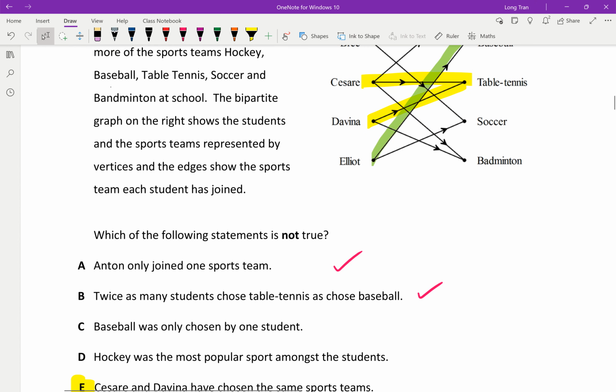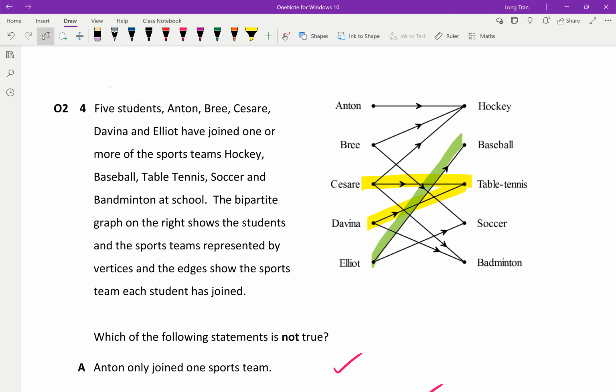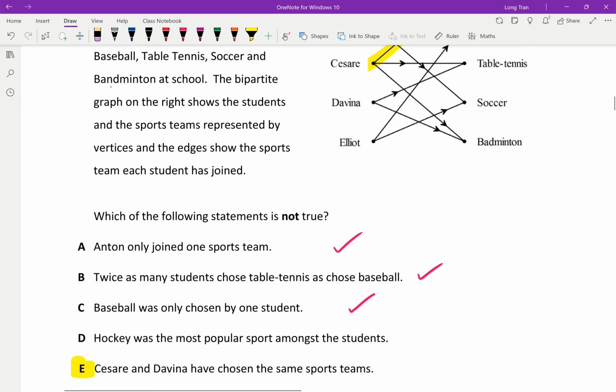Yes, it was Elliot. And then hockey was the most popular sport amongst the students. Is that so? Hockey clearly has 3 here: 1, 2, 3. Whilst the other ones all have 1 and 2. The other one's 1, and this is 1 and 2. So hockey is the most favorite sport.